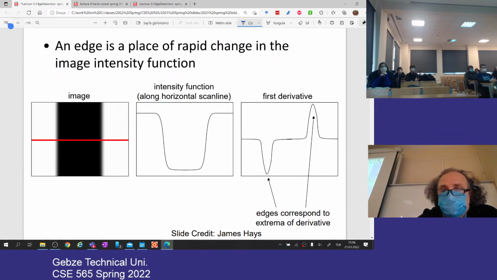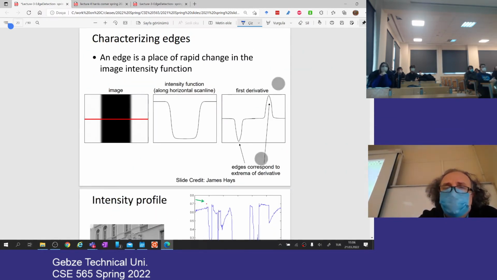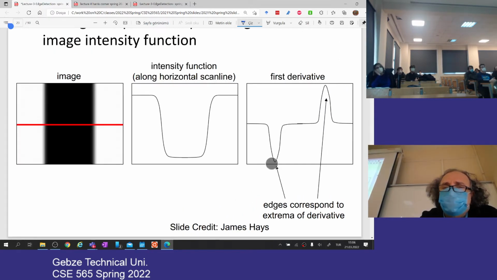Okay, so how would you find these points when you take the derivative? You know that wherever my derivative makes a peak, at this point and this point, there is an edge. How would you find the peak points of your derivative function?